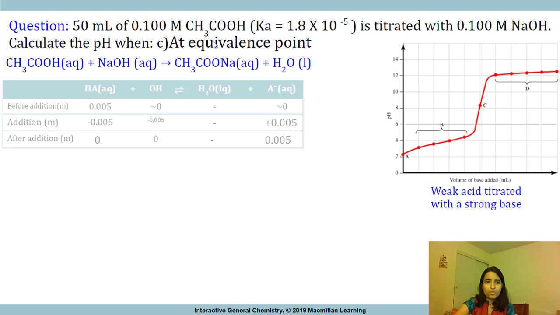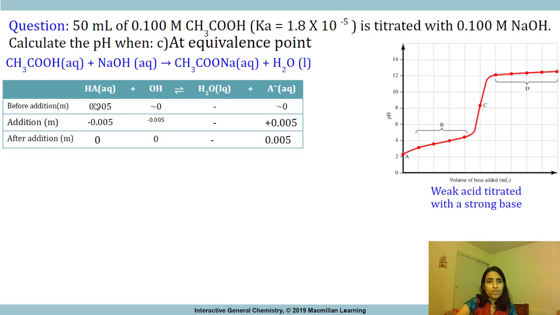So here's the balanced equation, and when you draw the ICE table, we can say the amount of moles of our acid is 0.005. The amount of our base is also 0.005. So we subtract that, we get 0, 0. All that we are left with is acetate in water.